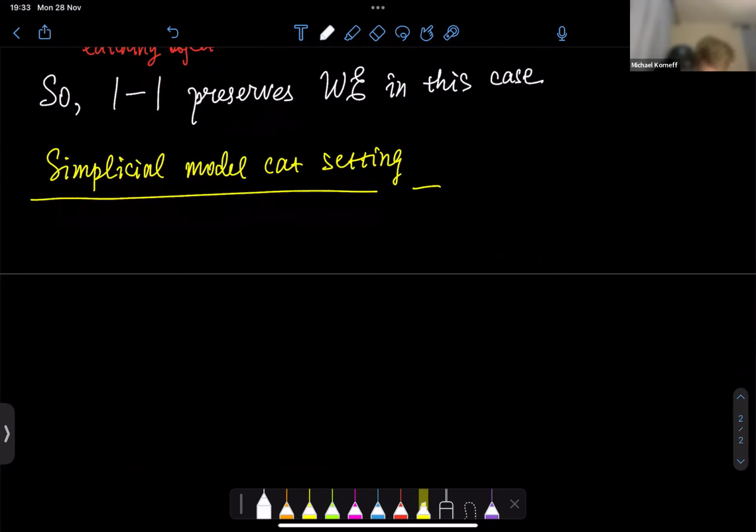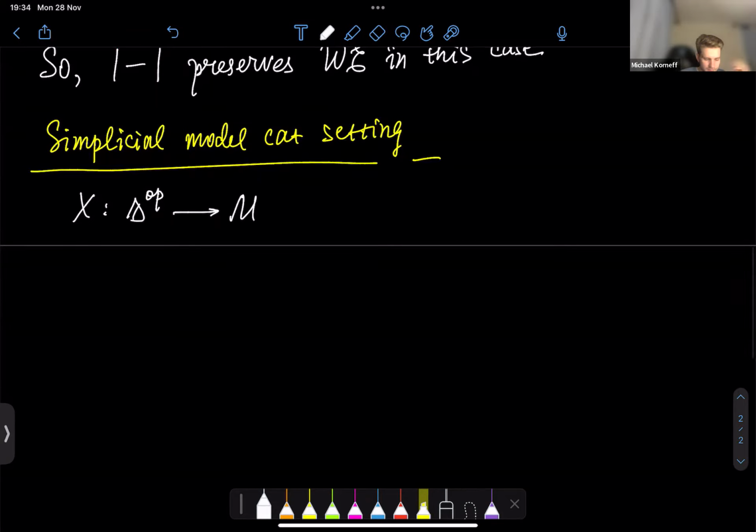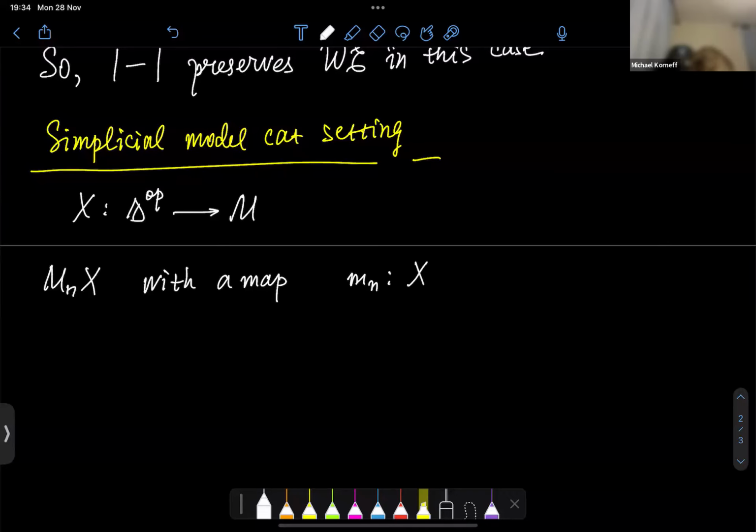Suppose we have some simplicial object X, and M is a simplicial model category, and the matching object, the nth matching object, is such an object together with a map from Xn to MnX, and this is a so-called boundary data.